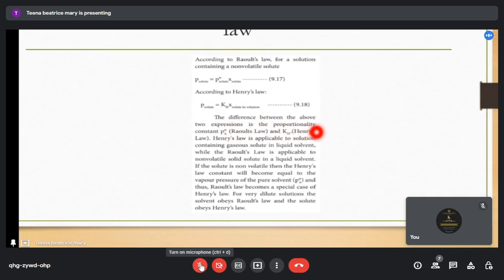Only the proportionality constant changes: P naught A for Raoult's law, and KH for Henry's law.